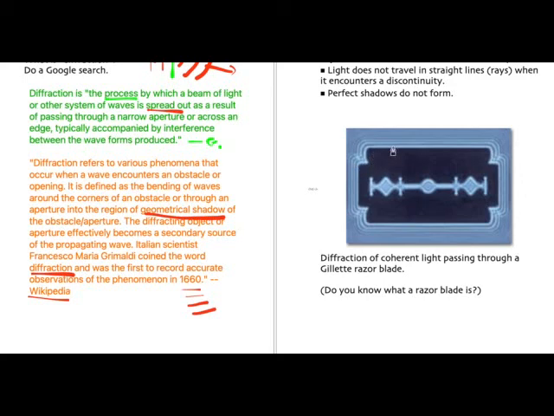Wherever the light passes an edge, there are interference patterns. Regions where at some distance you get a bright fringe, then you get a dark fringe. Then you get a bright fringe, then you get a dark fringe. Alternating bright and dark fringes. So that's an example of diffraction.